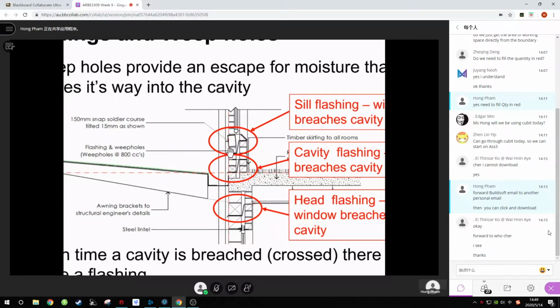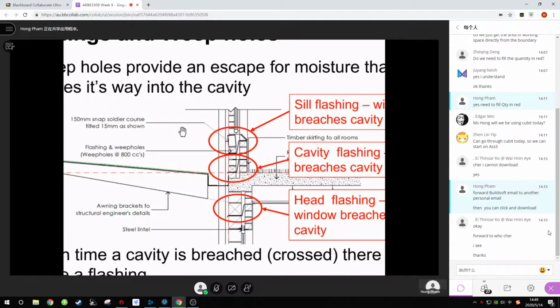A weep hole is actually, do you remember just now I talked about beds and perpends? The vertical mortar. In this, next to the brick, there should be a mortar joint. But we know the water somehow will travel inside, because there's a window here.